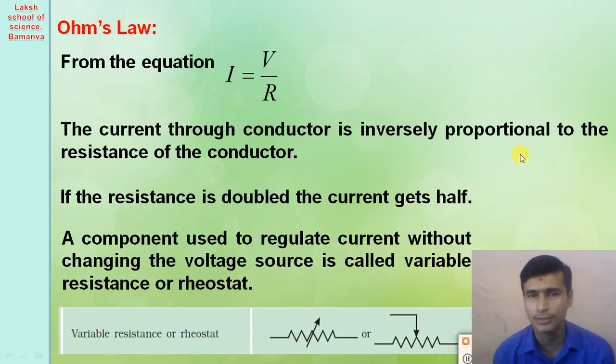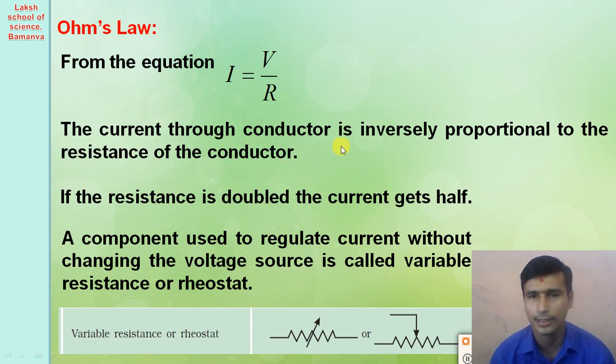According to Ohm's law, we write I, the electric current passing through the conductor, is equal to V divided by R. From that, the electric current through the conductor is inversely proportional to the resistance of the conductor.